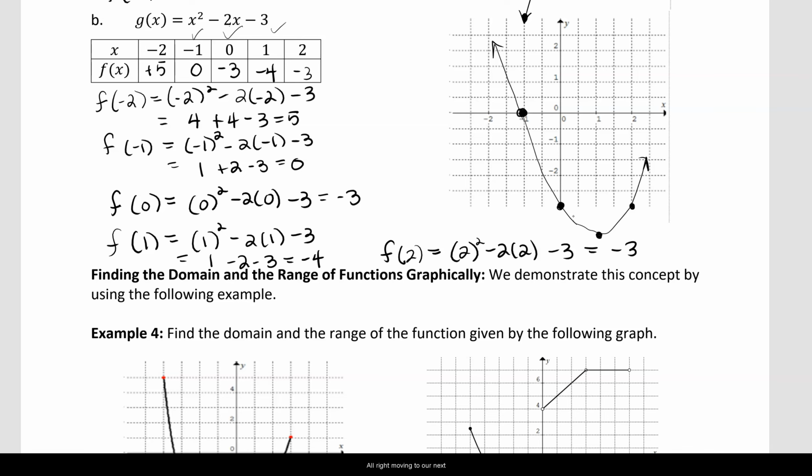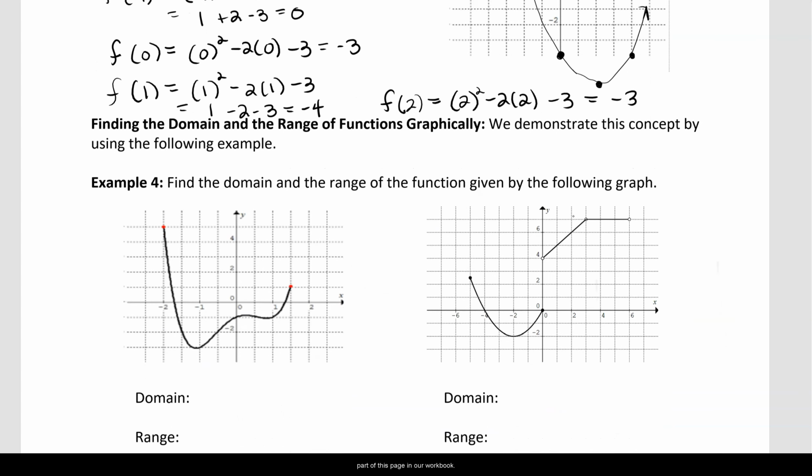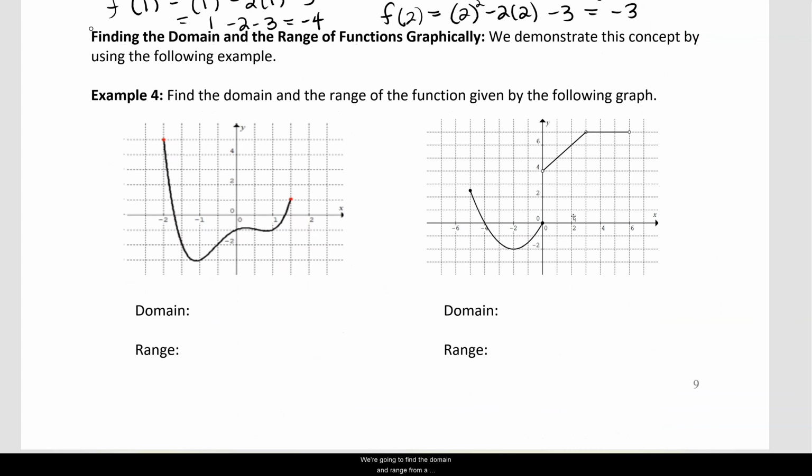All right, moving to our next part of this page in our workbook, we're going to find the domain and range from a graph, which we did also on the first page in the first video of this section. But on this one, notice that it has some red dots. So that means that this function does not go on forever. It is finite in length. And so the domain, you get from moving along the x-axis and then connecting up to the graph.